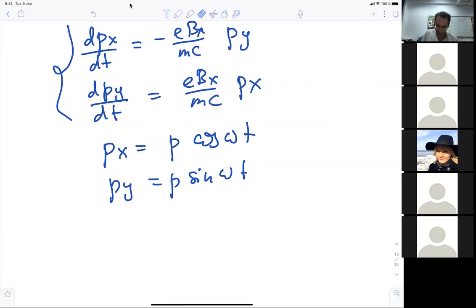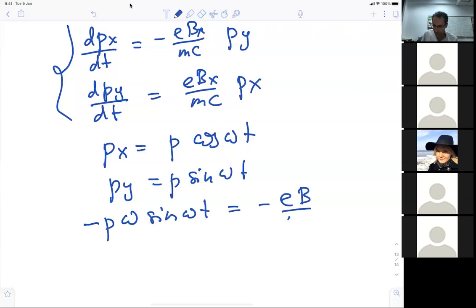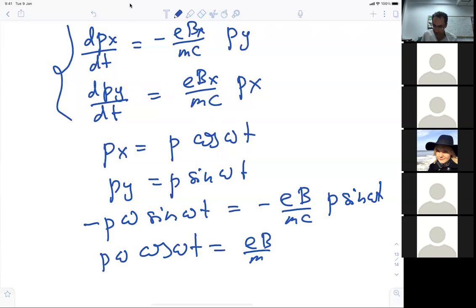So the first equation reads minus p times omega sine omega t is equal to minus eB over mc p sine omega t. And the second equation reads p omega cosine omega t is equal to eB over mc p cosine omega t.